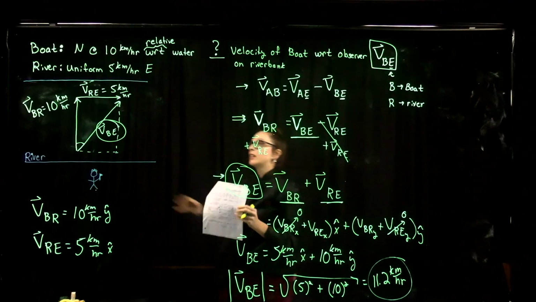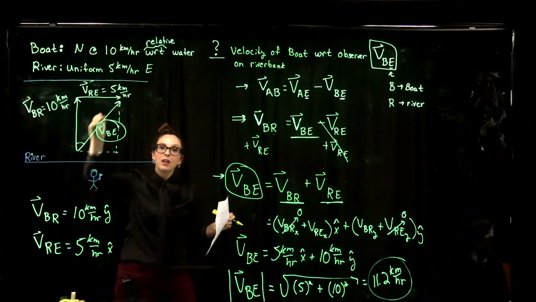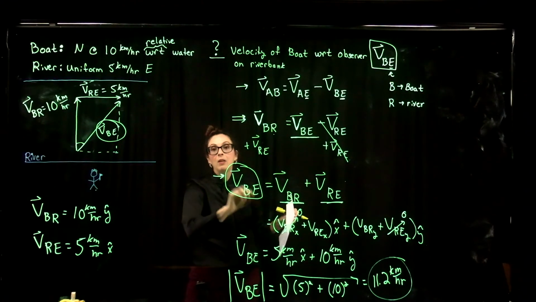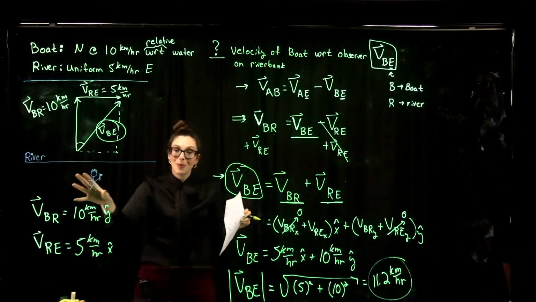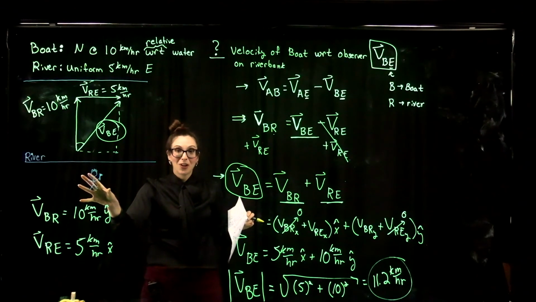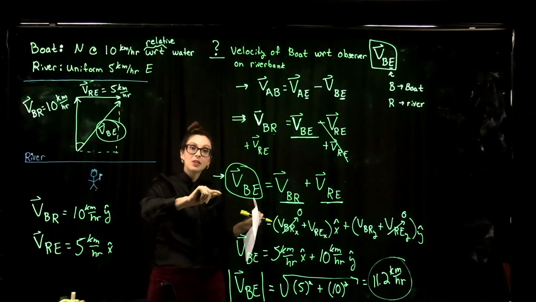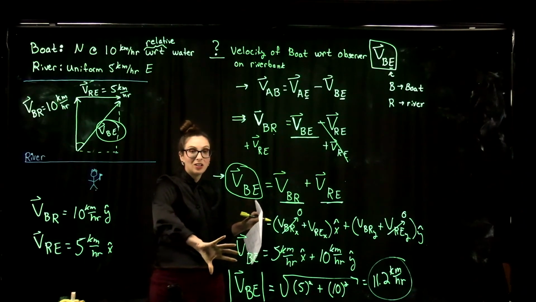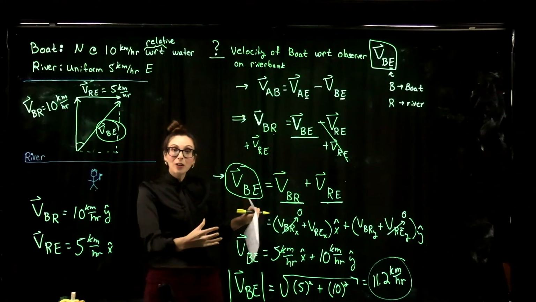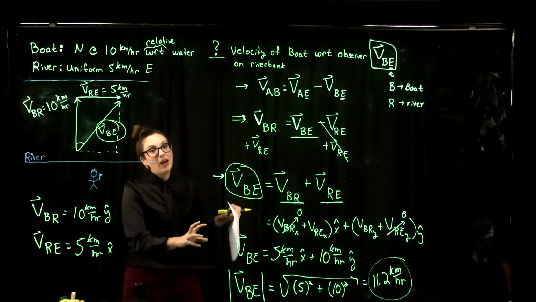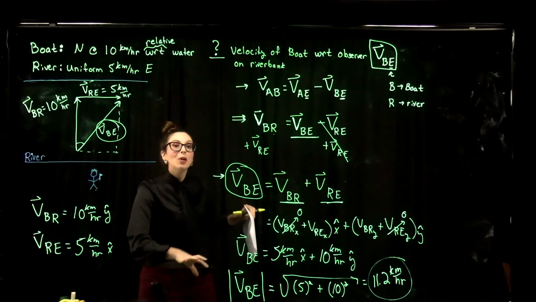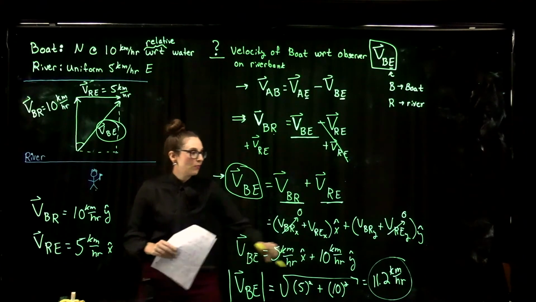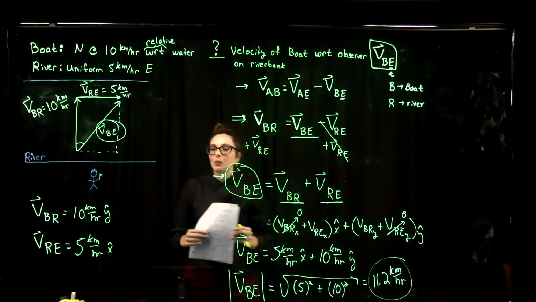So that is the magnitude of this velocity here, vector V sub BE, which is the velocity of our boat with respect to our stationary observer. And so we had to use relative velocities in order to solve for that. And then we also had to use our vector notation and apply the Pythagorean theorem in order to find the magnitude of that vector here, which we find to be 11.2 kilometers per hour.